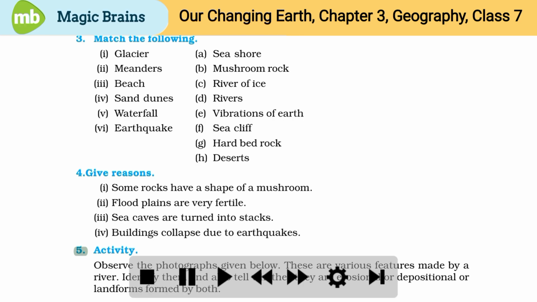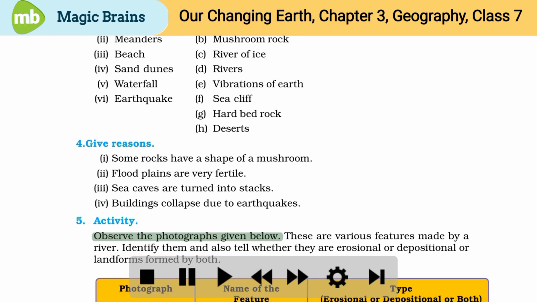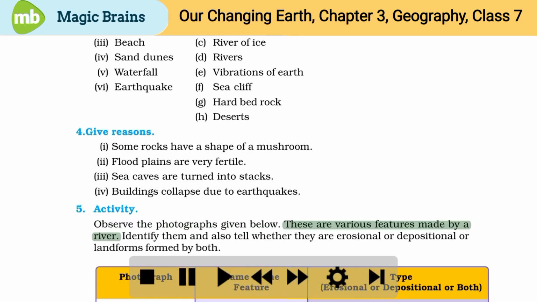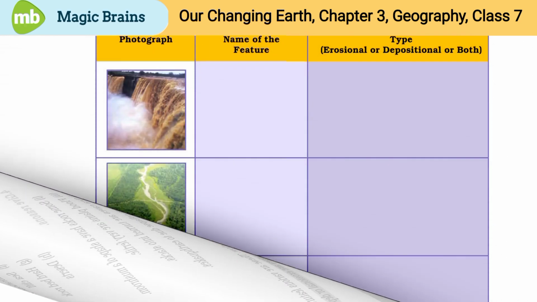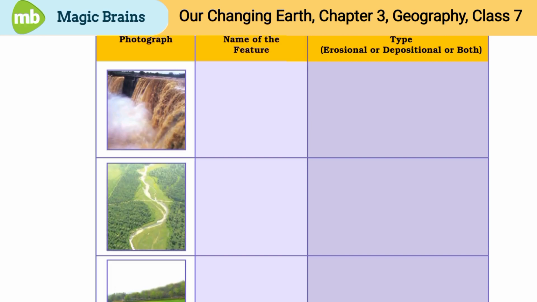5. Activity. Observe the photographs given below. These are various features made by a river. Identify them and also tell whether they are erosional or depositional or landforms formed by both. Below this we have a table with 3 columns and 3 rows.